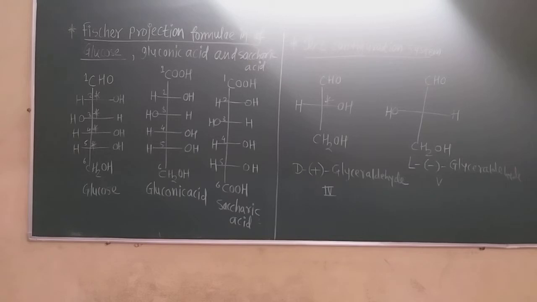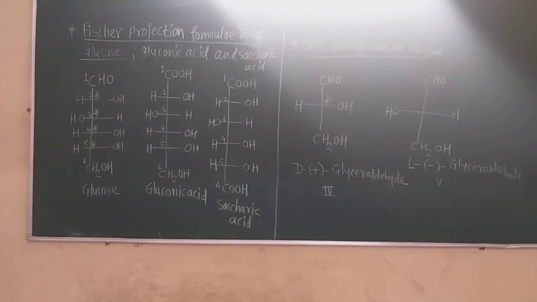Now if we do the oxidation of this gluconic acid or glucose again by concentrated nitric acid, HNO3, then we obtain this saccharic acid. In yesterday's lecture we already saw that. Saccharic acid is the dicarboxylic acid.